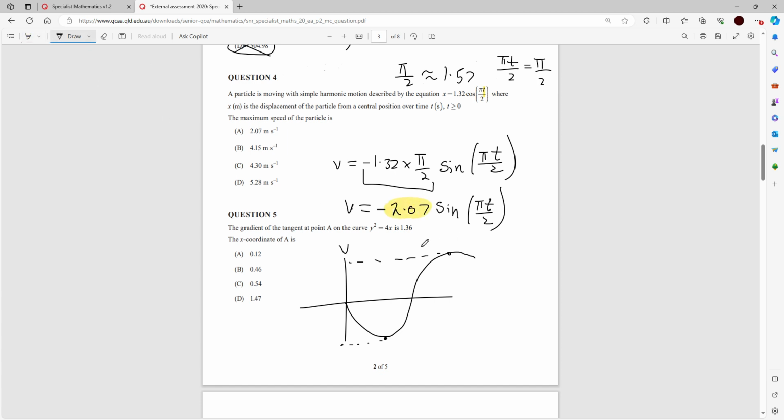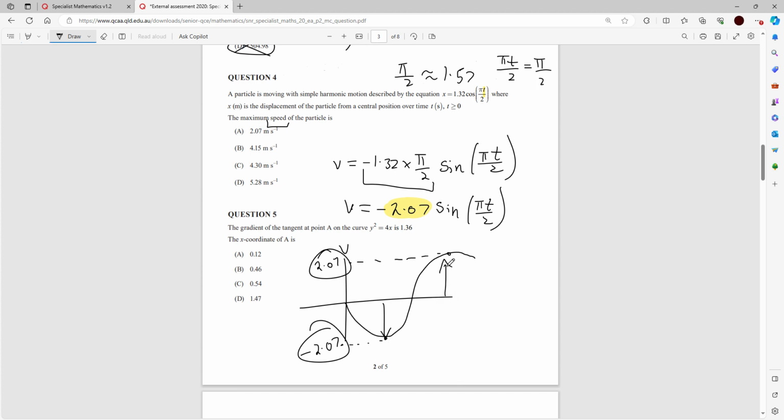So in other words, its maximum speed is either going to be positive 2.07 or minus 2.07. Now they've said speed. Speed is the magnitude of velocity, so it doesn't care about direction, it only cares about the absolute number. And the biggest velocity it's going to have is at these peaks here.